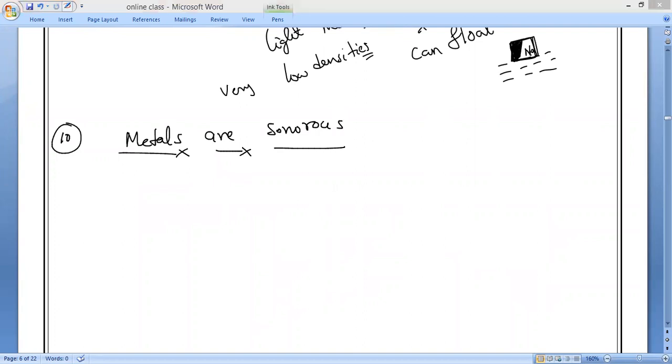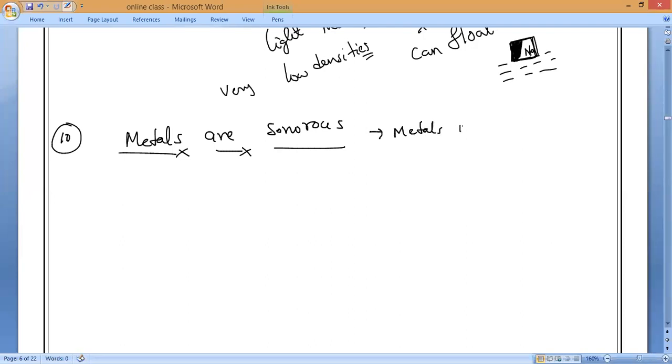Sonorous, S-O-N-O-R-O-U-S. It means metals make a ringing sound when we strike them. Understand, everybody? Metals make a ringing sound when we hit them with a hard surface.